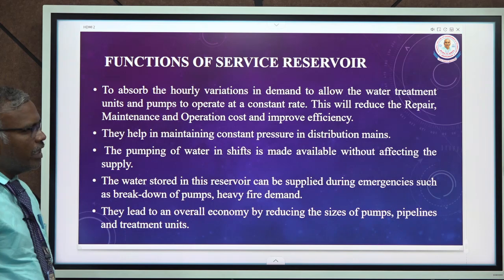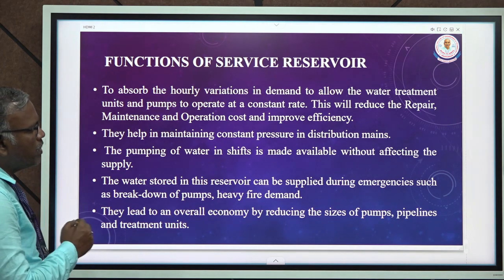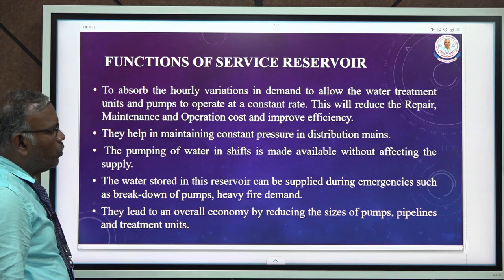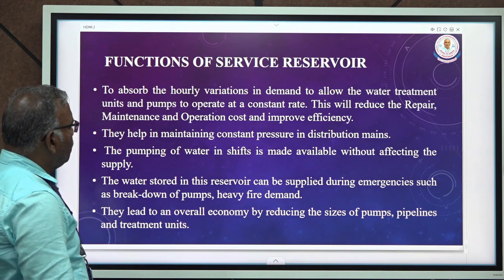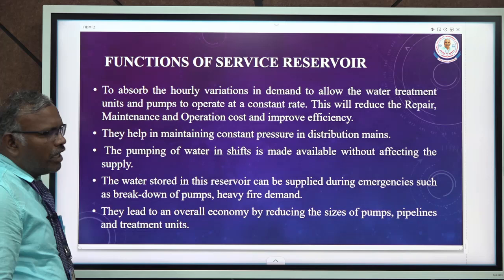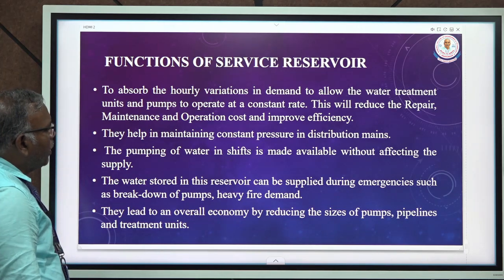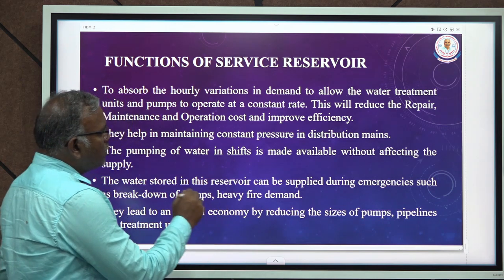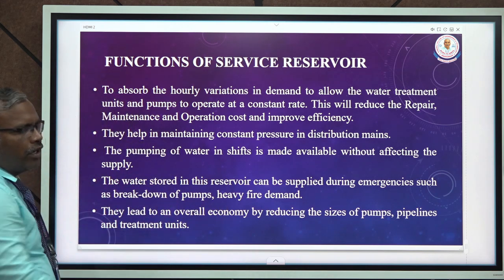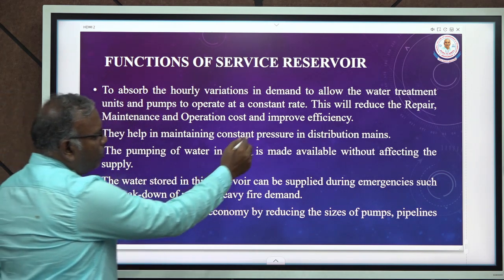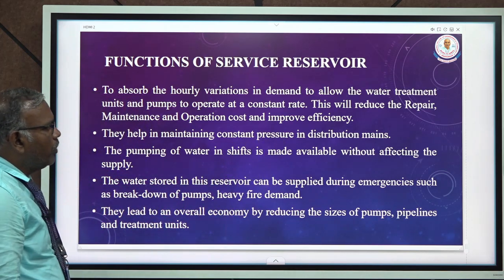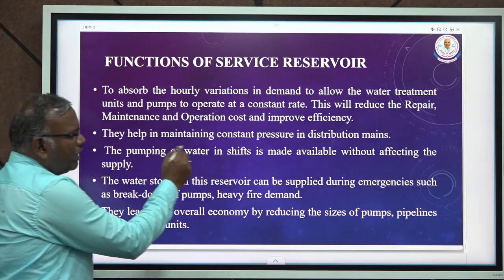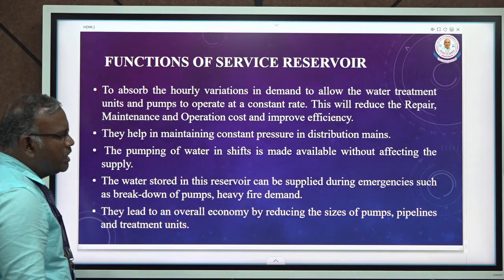Okay, next, various functions of the reservoir are: it balances the hourly variation of water flow, it provides a constant rate of water supply from a treatment unit, it reduces the cost of repair, maintenance and operation, it improves the efficiency of the water supply system, and it also helps to maintain a constant pressure in the distribution main.